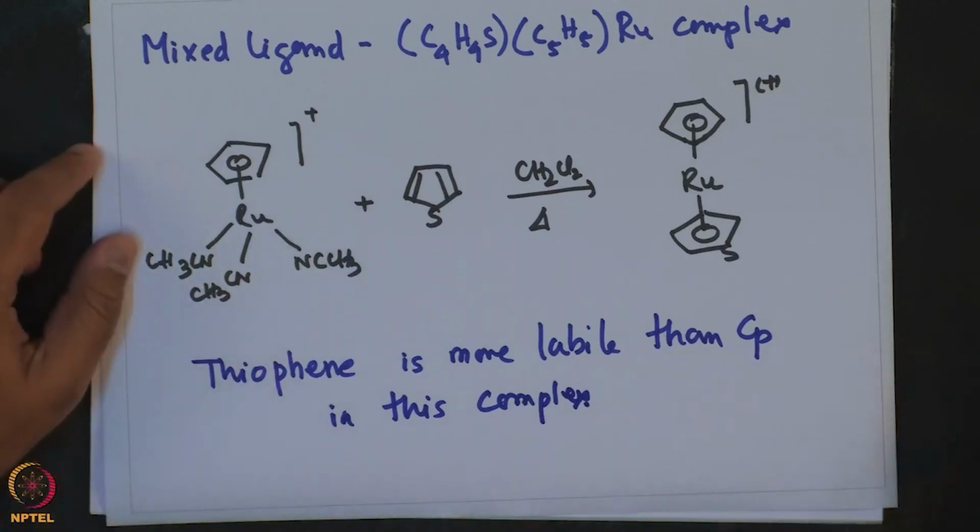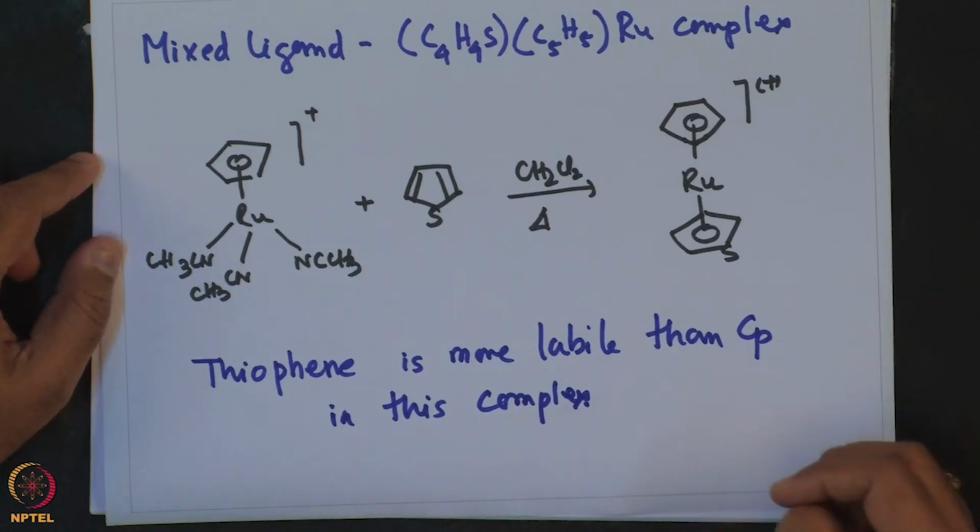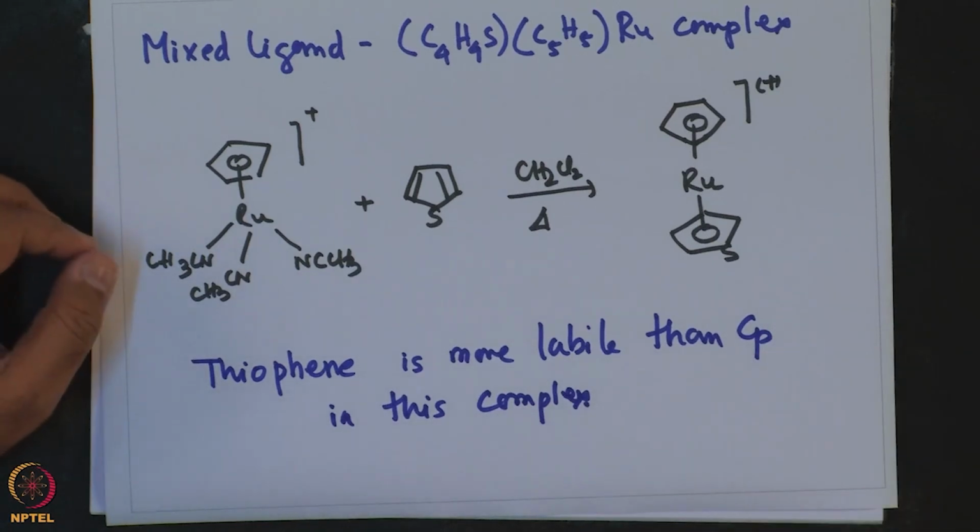So, this is a brief discussion on the sulfur based heterocycle pi complexes of transition metals, and then we are going to look into the nitrogen counterparts of these heterocycles.